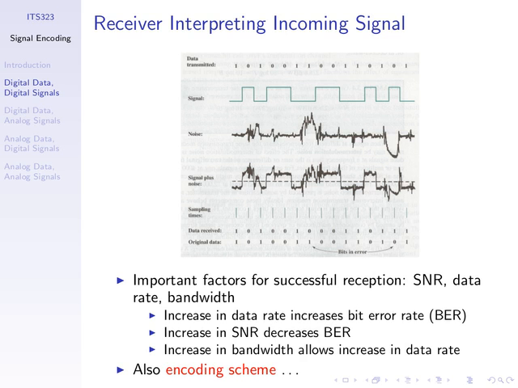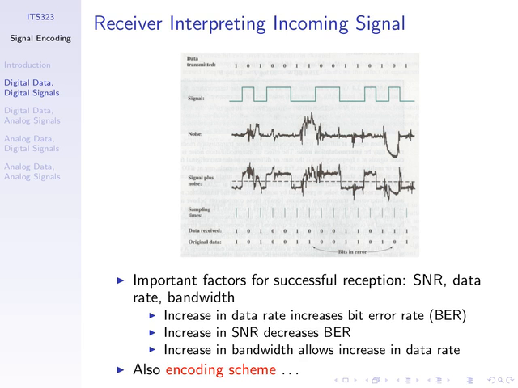Also, we know increasing the signal-to-noise ratio decreases the bit error rate. Why? Well, remember, increase the noise and the bit errors increase. Decrease the noise and the bit errors decrease. Decreasing the noise increases the ratio.